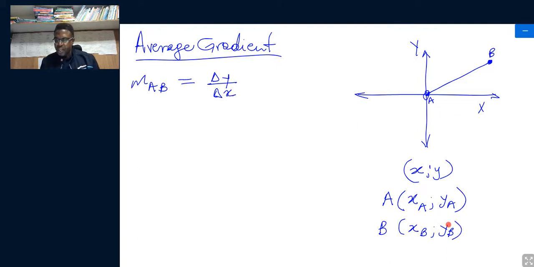Okay, now we want to calculate the gradient. What is it that we are actually looking at? We are looking at the vertical rise over the horizontal distance. That is the gradient.